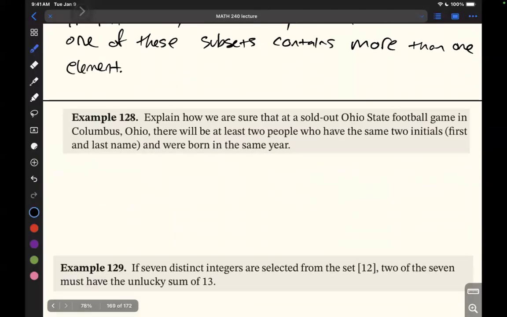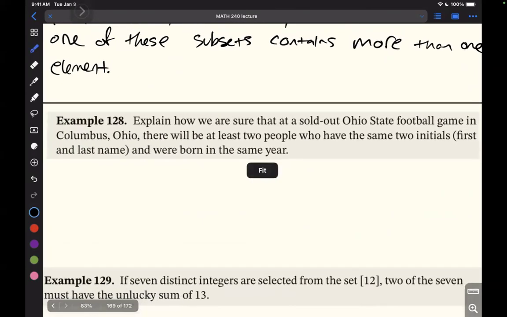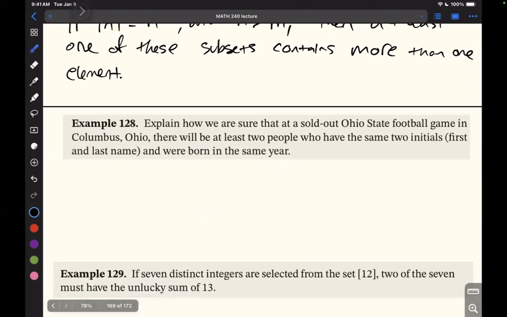So first of all, let's assume that we're at an Ohio State football game, and we're making the conjecture that there are at least 2 people at this game who have the same 2 initials, first and last, and they were born in the same year. Which seems crazy, right?